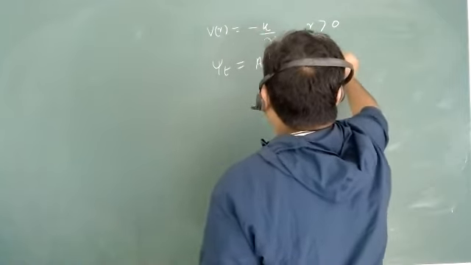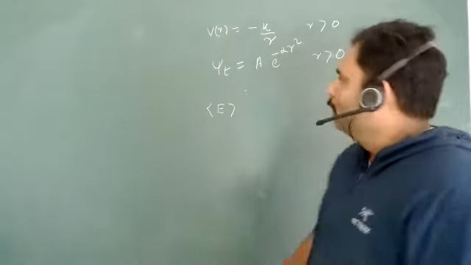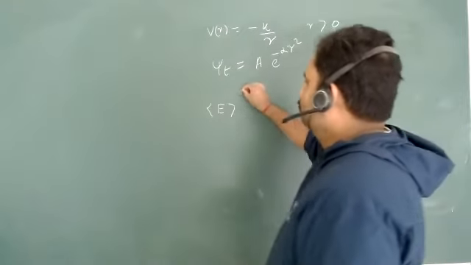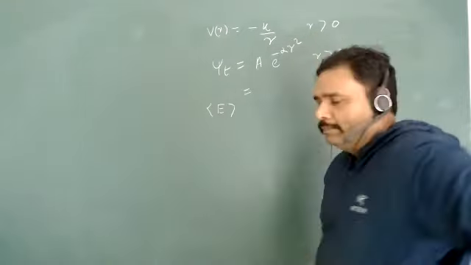So this is my trial wave function. If it is my trial wave function, find the energy. By the way, what is the value of A? Without calculating. Root 3 by 4 pi, sir.